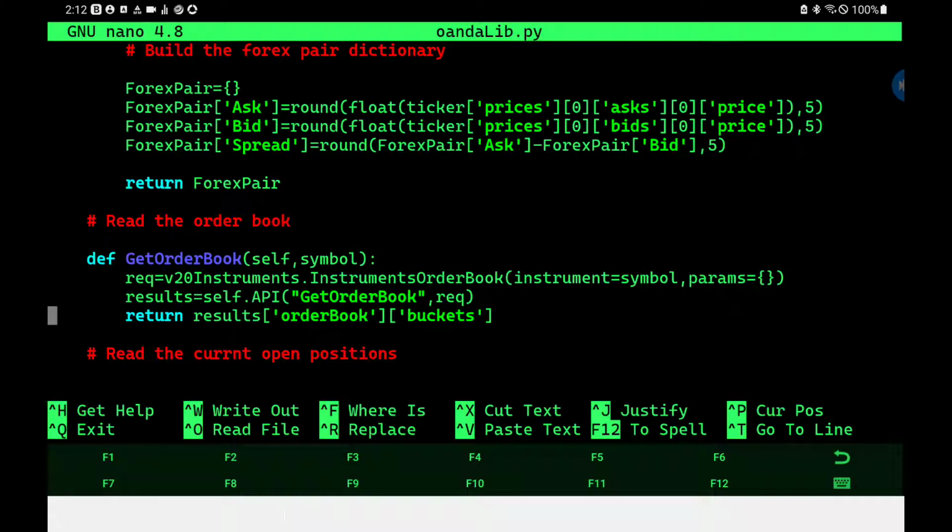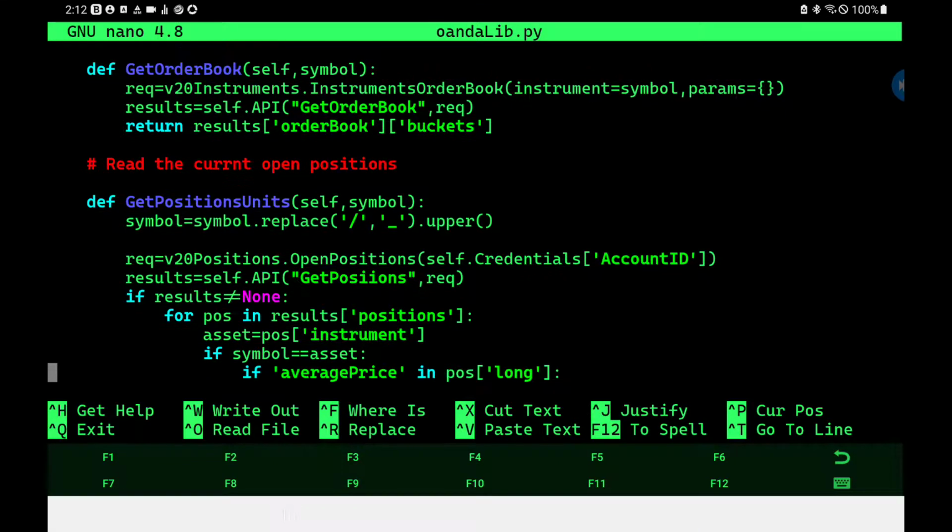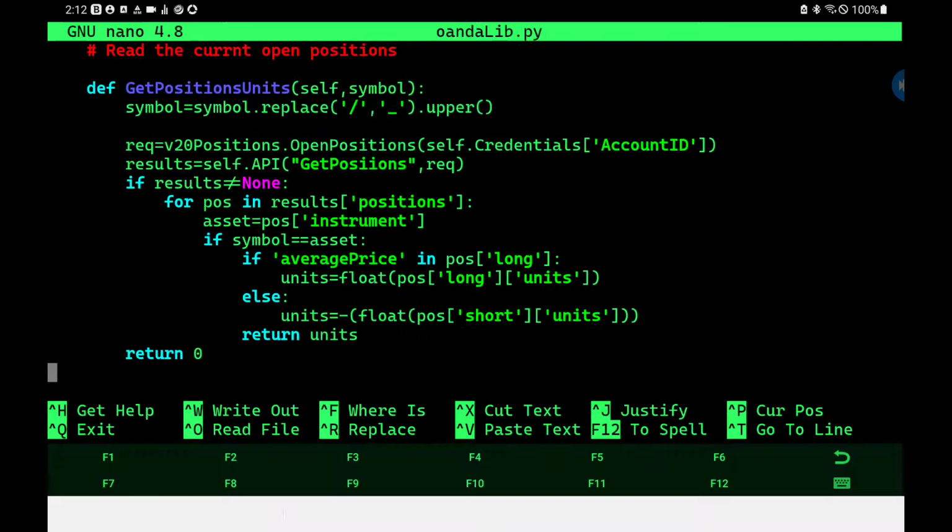Here's the order book that we added from the last time. Now we have get position units. This is what was the addition, and this is Oanda specific.